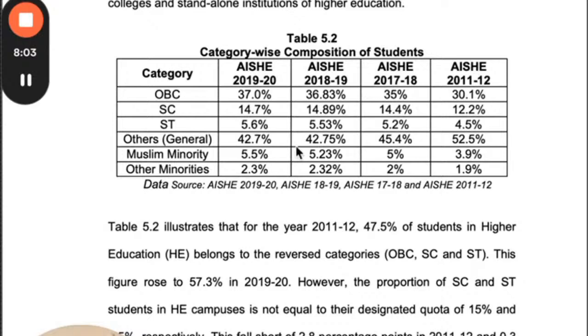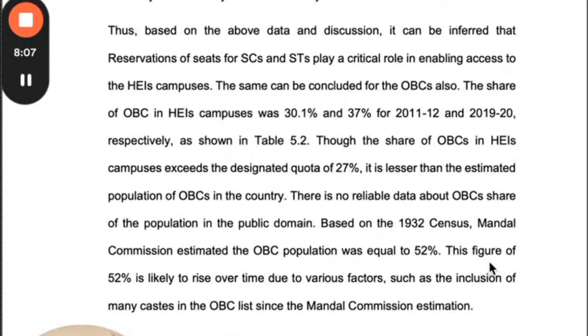So anyway, let me now go on to a few more important points which give you some exciting data of how the reservation policies in central universities have been implemented. See, as you all know, every central university has a mandated reservation policy of 15% for SCs, 7.5% for STs, and 27% for OBCs.